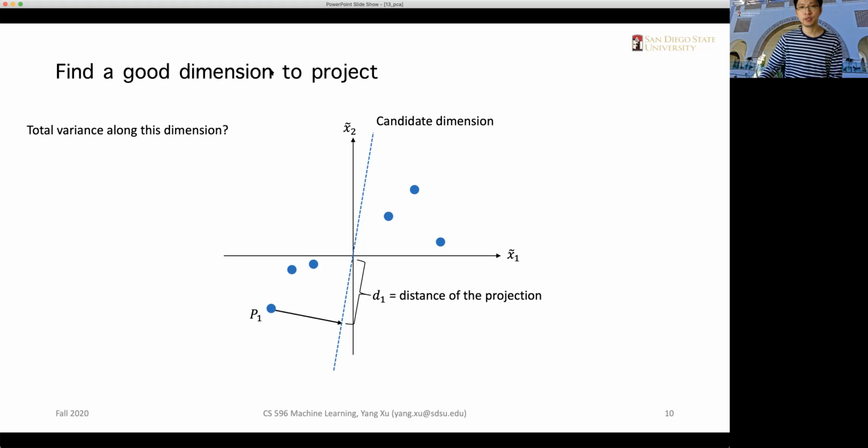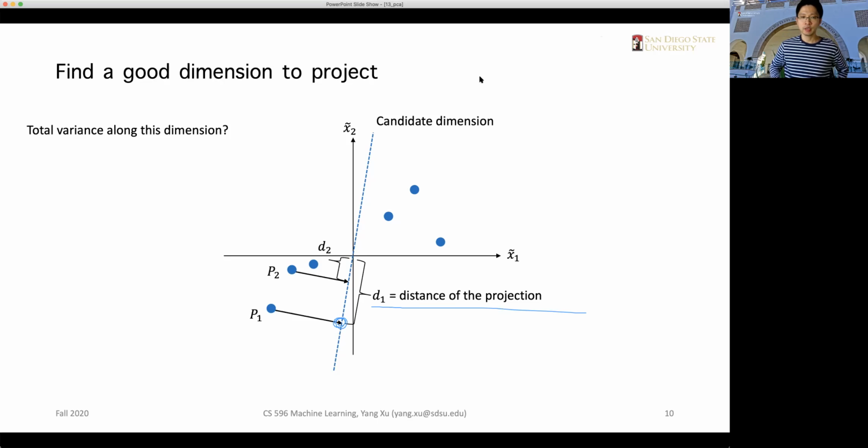For example, point P1, if I project it onto the dimension here, it will result in a new point here, and there's a distance from this projected location to the 0 point. This distance d1 is called the distance of the projection, and it will be used to measure the total amount of variance later.